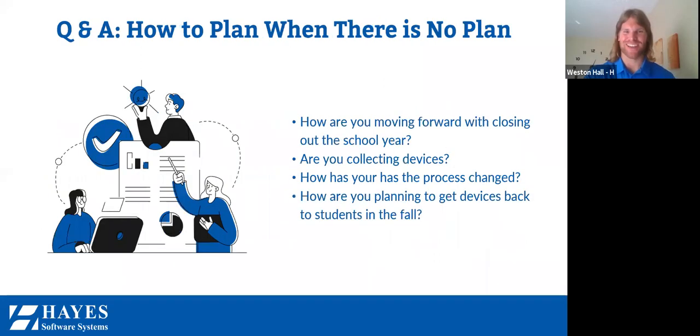No, I appreciate you sharing that. So we talked a little bit about there being some uncertainty when it comes to this upcoming fall, or even how you're going to handle the summer as well. We have talked a little bit about how you're going to collect the devices, but I would be interested to hear from both of you if there's some type of contingency plan in place for the fall.